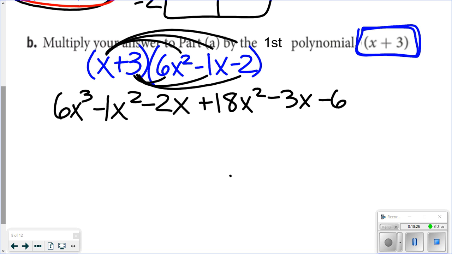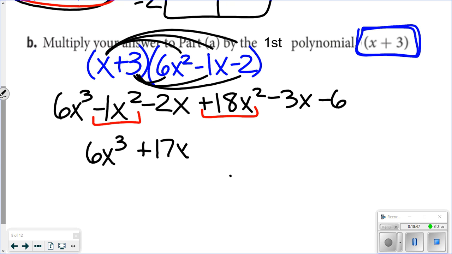All right, then we're going to combine our like terms here. So leave the 6x cubed out in front. We get a positive 17x squared. Right, and if it helps you, you can go through and mark off the terms that you've already used.